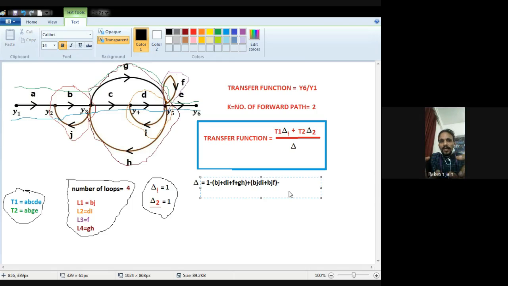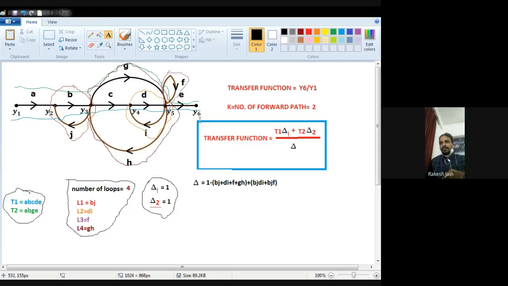Now see how many two non-touching loops are there. BJ is one loop, and DI is the second loop. L1 and L2 are the non-touching loops. So the sum of the products of all the two non-touching loops. What is the product of L1 and L2? BJ DI. So BJ DI plus, now we check again, BJ cannot touch the loop L3.